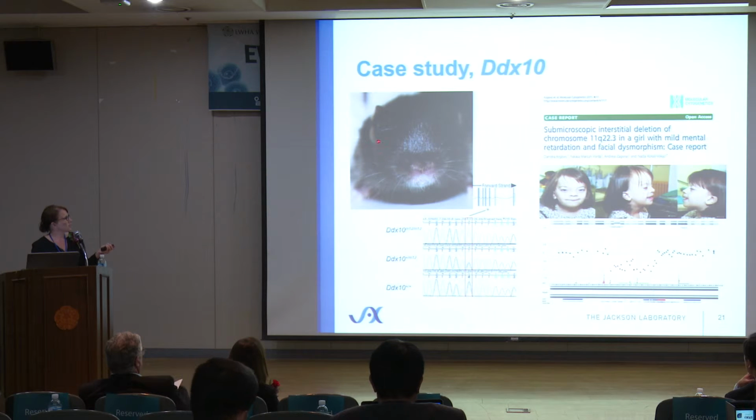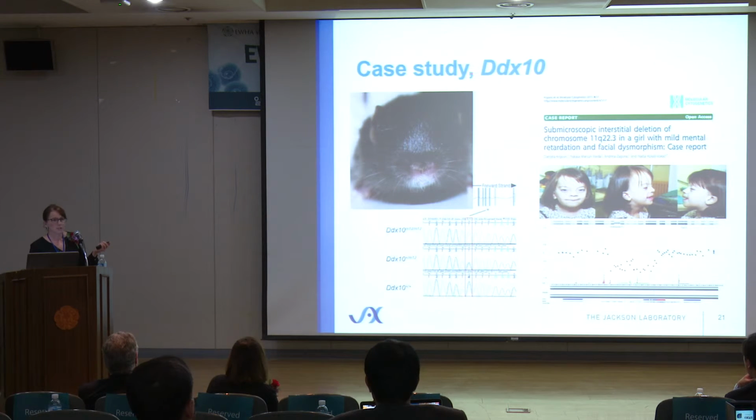And we were interested in finding out whether or not there had been any reported cases of human diseases associated with DDX10. There was nothing in OMIM, but we did a literature search, and one paper we found reports a deletion on chromosome 11 causing craniofacial dysmorphology and learning deficits in this young girl.